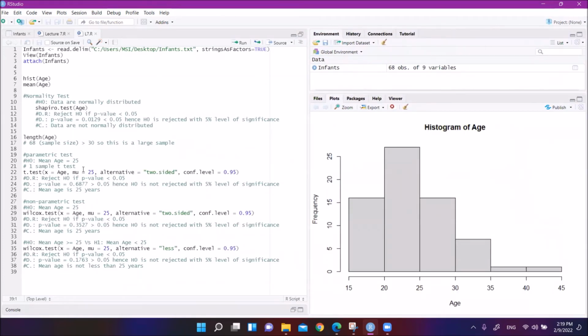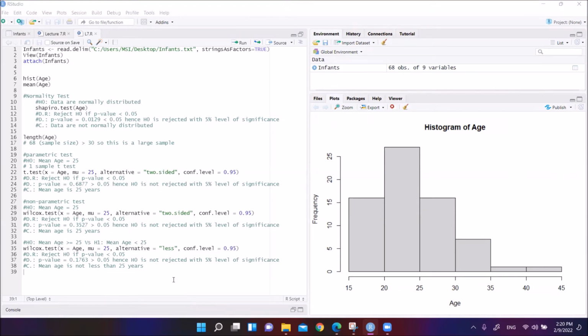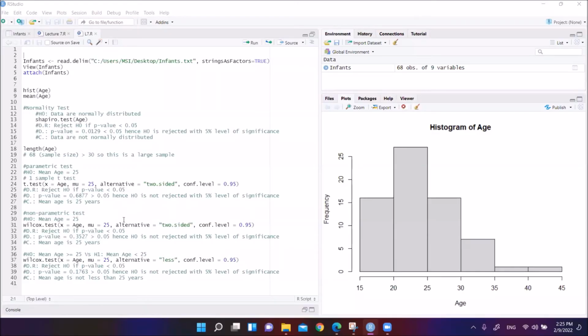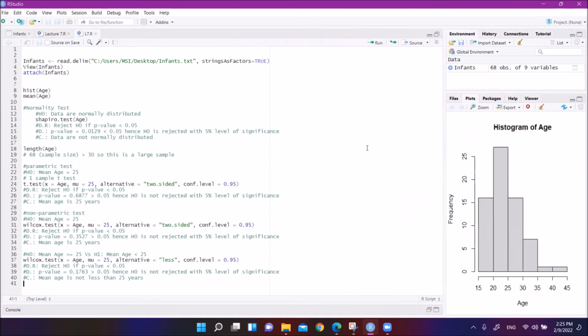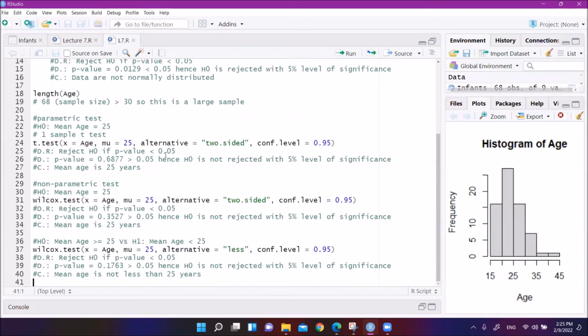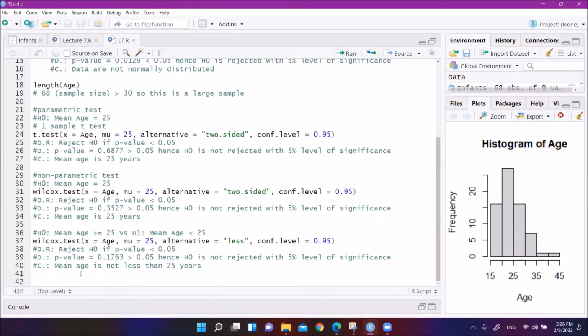If you have questions in interpreting or understanding these things, you can ask now while practicing. Right, I'll be giving you the R script, so don't worry.